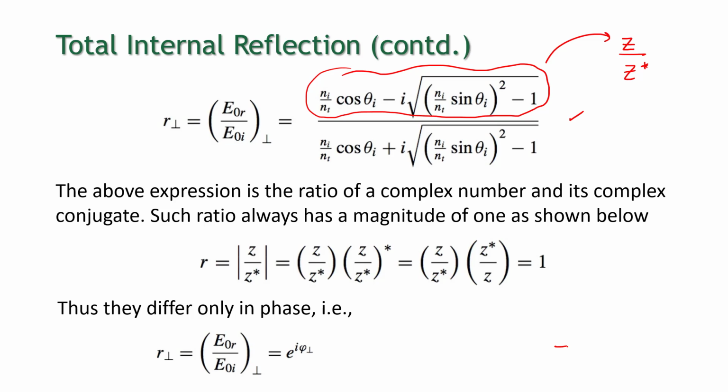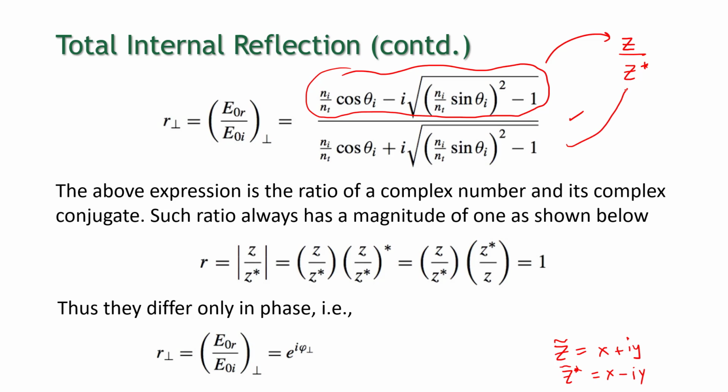So if you have a complex number x plus iy, then the complex conjugate of this complex number is x minus iy. You use a minus sign for the one with this i. That's the complex conjugate. So this is the complex conjugate of this upper term.